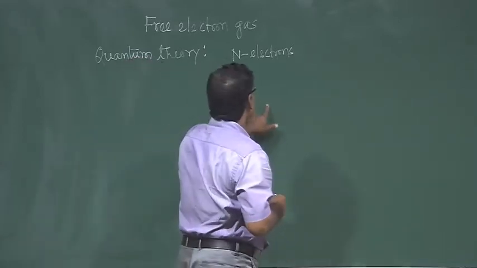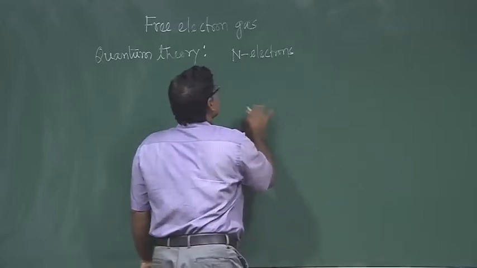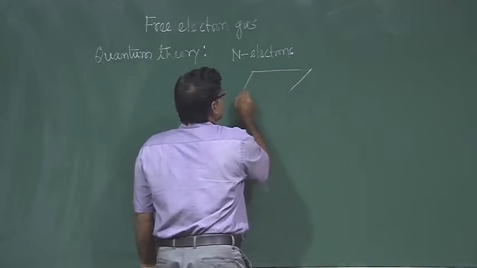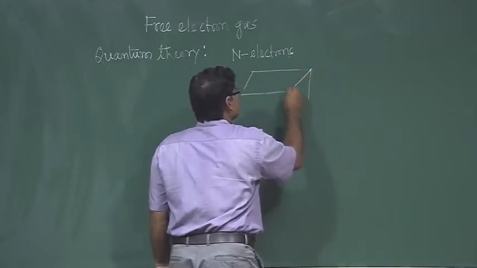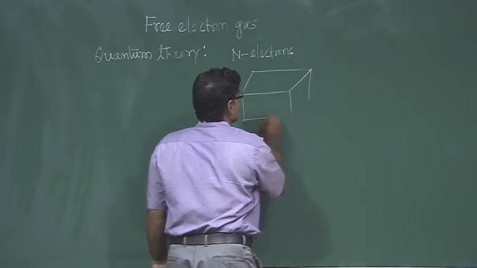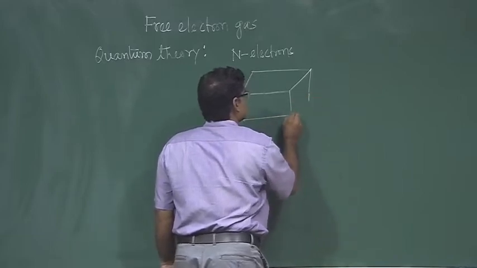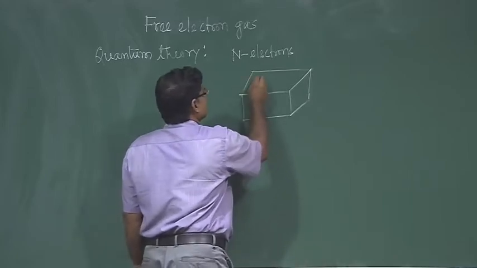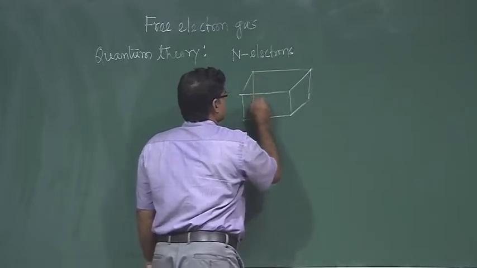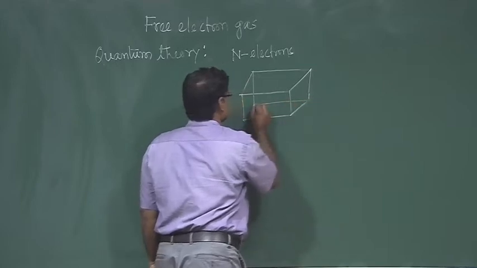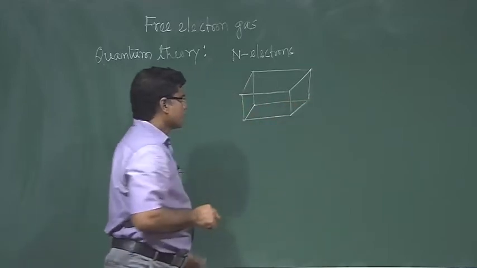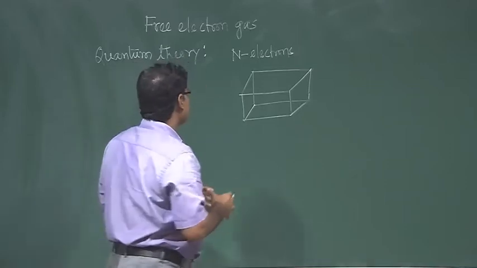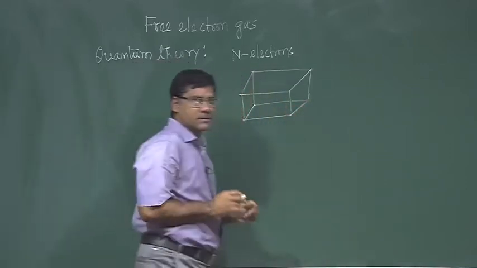So, in that metal box, what have we assumed? We have assumed that the electrons are in a 3 dimensional box.